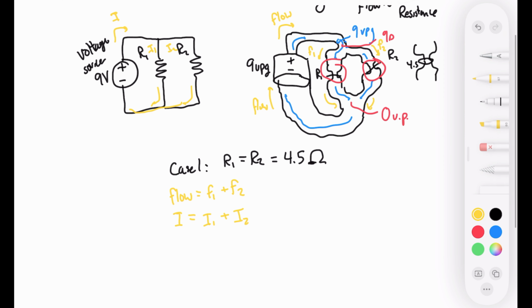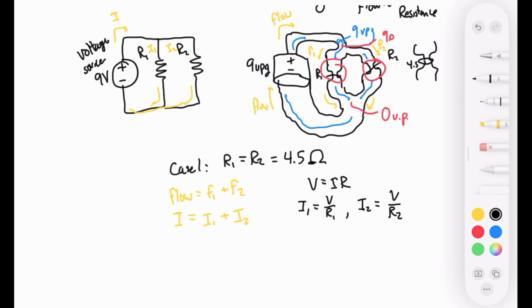We can, of course, calculate this using Ohm's law. V equals I times R. We know V and we know R, so I1 is going to equal V over R1, and I2 is going to equal V over R2.